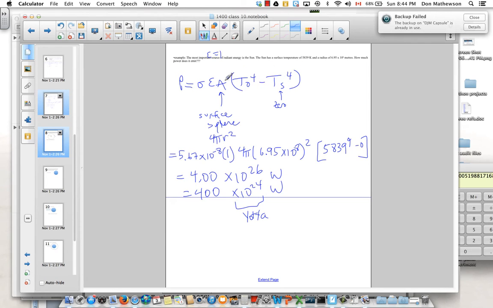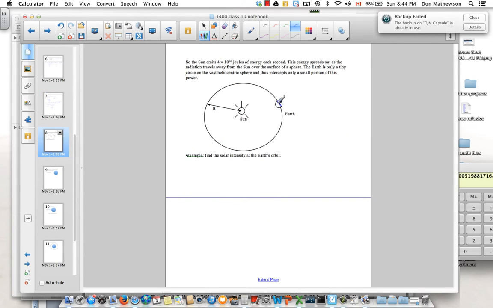Now, way out here where the Earth is, the Earth presents a circular area. There's a little tiny circle there that intercepts radiation from the sun. We're basically interested in knowing how much energy the Earth is intercepting, what is the intensity of the solar radiation here. Now, we define intensity, remember, as the ratio of power over area.